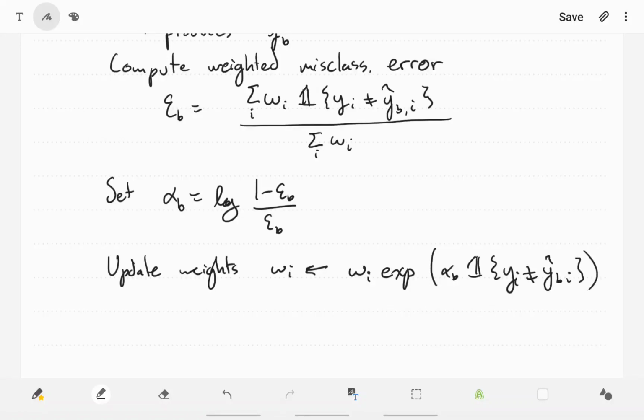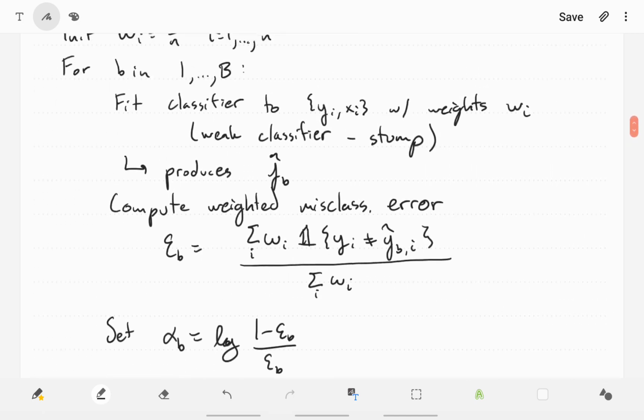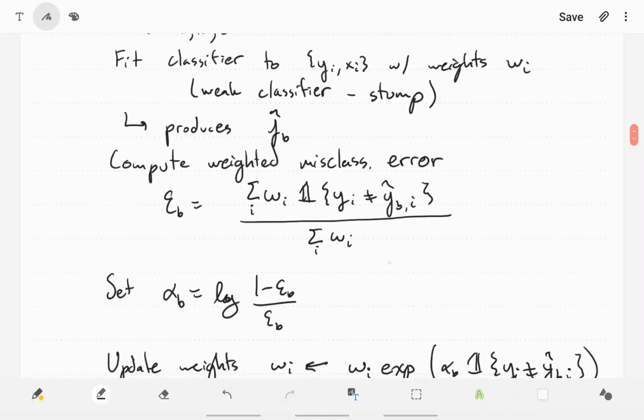Okay, so far so good. Now, first of all, this y hat b_i, I was a little bit cavalier about talking about this. Because we're doing binary classification, this is just going to be defined to be the sign of this f hat b of x_i. Right?